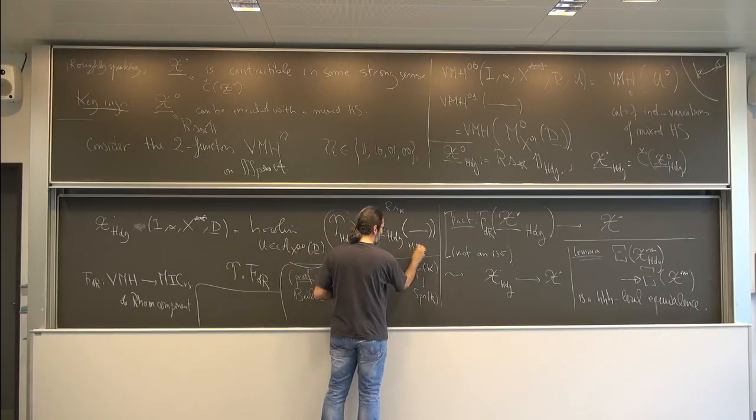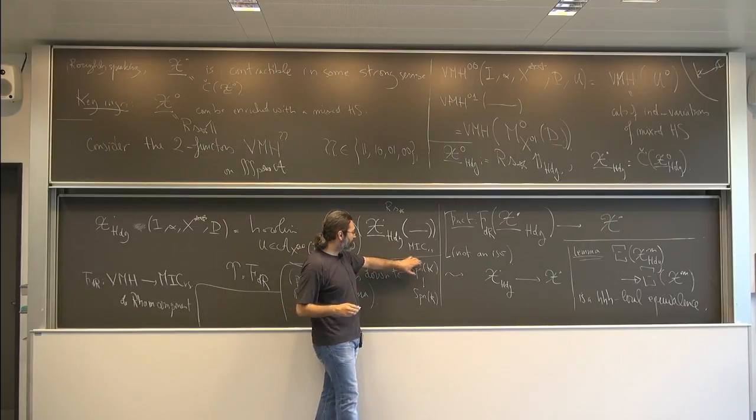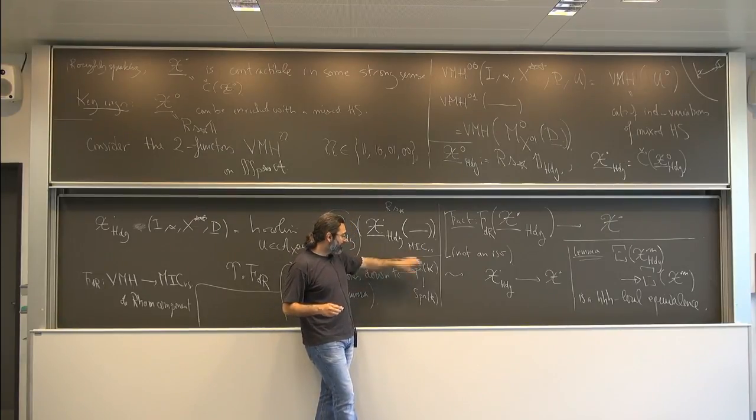Okay, let's do the simpler case. Let's just work first with this guy. Here you take a module with integrable connection. You can look at its direct image, which is just a complex of k-vector spaces. But it's unclear that this has to do with the de Rham cohomology with values in this module. So there are two things.